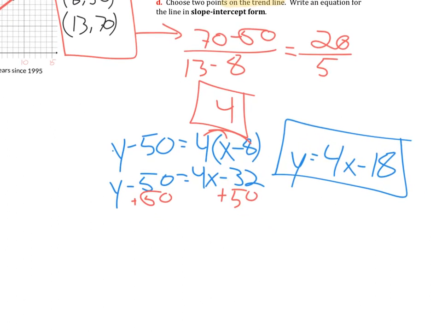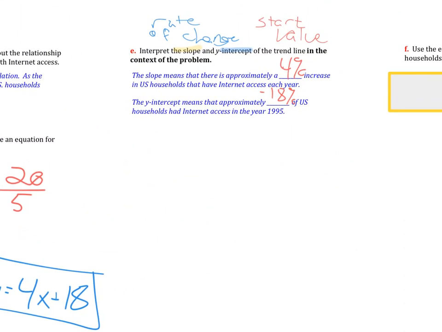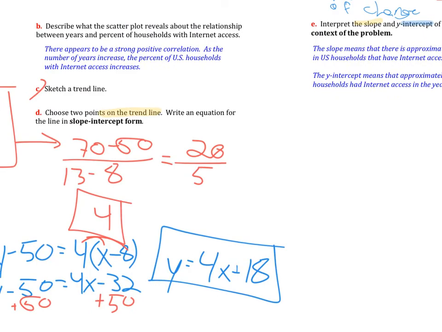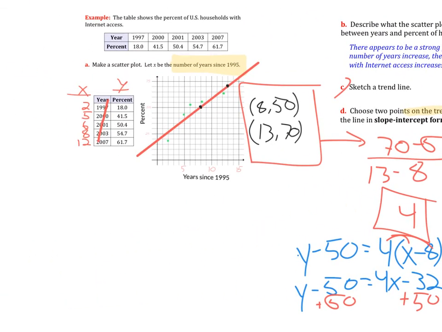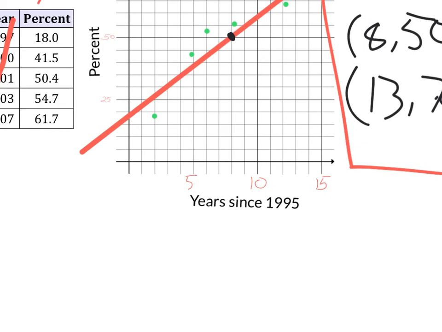Oh, easily. Because I can't do simple arithmetic. That should be a positive, which means this would be a positive. Easy. All right, there we go. So about 18% of U.S. households would have internet. If we look at our scatter plot, my trend line even appears to cross over roughly at about 18, so that's pretty neat.